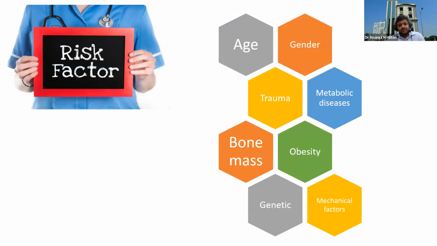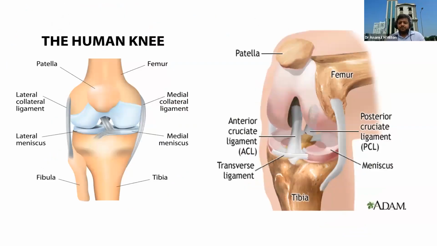Like age, gender, trauma, or any metabolic disease or metabolic symptoms, it may lead to erosion of the bony surface and the bone, along with bone mass, obesity, genetics, and mechanical factors also. So actually there are a lot of causes.